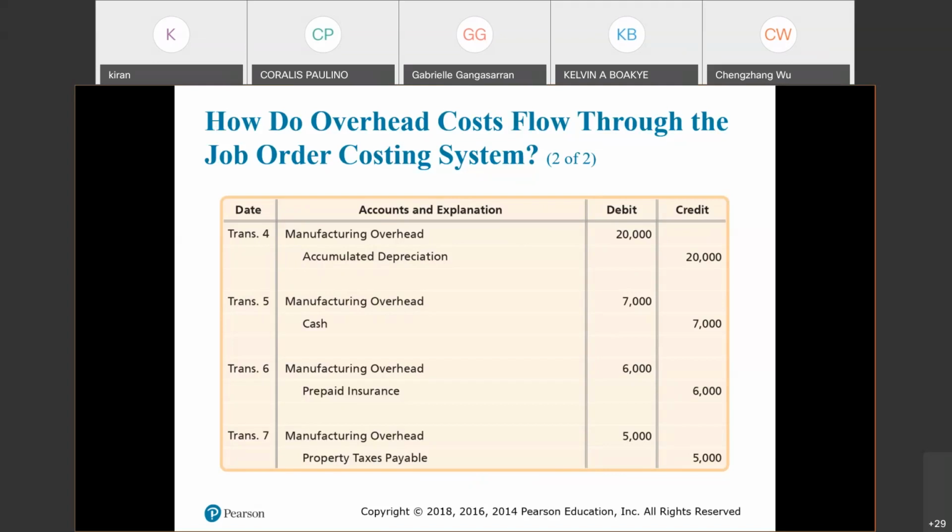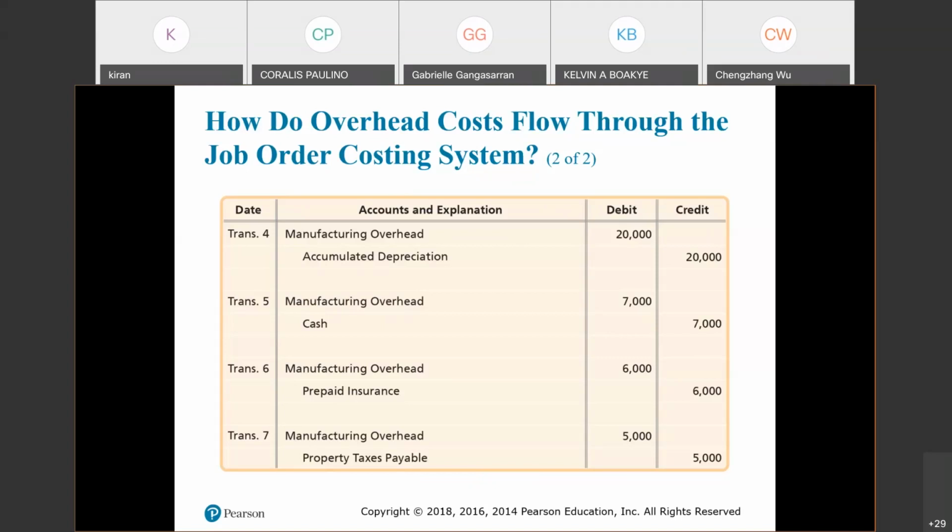The company treats manufacturing overhead differently than direct materials and direct labor. So the company allocates overhead cost to specific jobs.